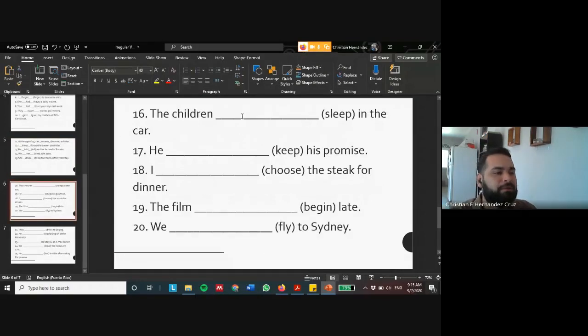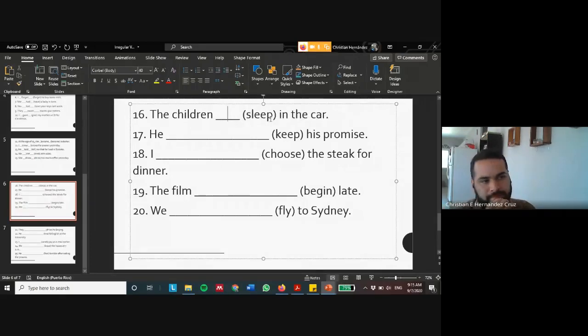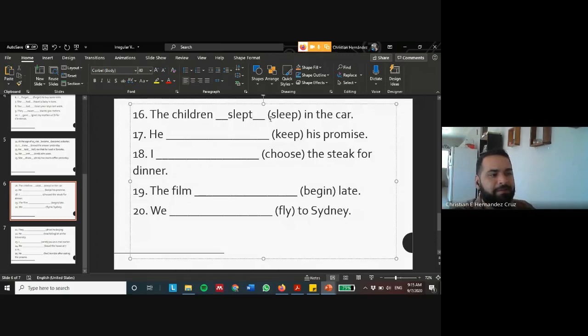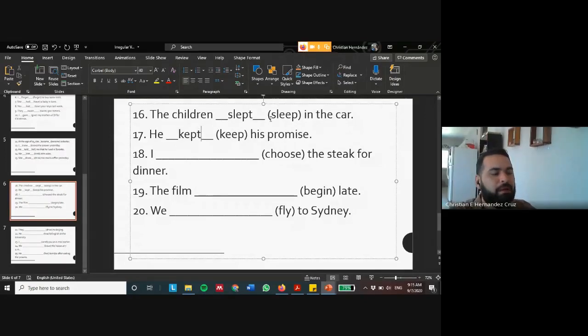Continuing. The children sleep in the car. Slept. There you go. Very good. Thank you. He keep his promise. Kept. There you go. Good. Thank you.